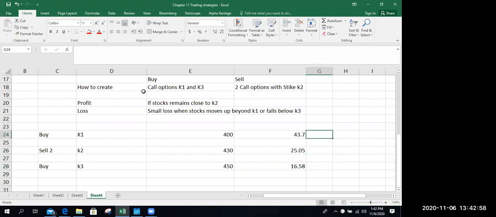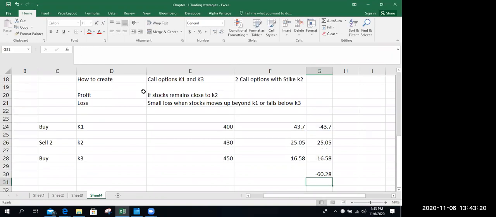Okay, so what are you doing? You're buying, so this is negative. You're writing, so this is positive. So what's the difference? This plus this minus, so this is the total payout.